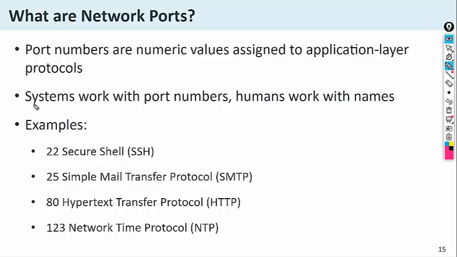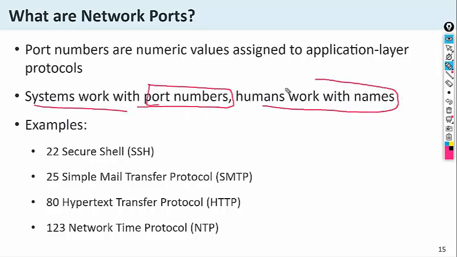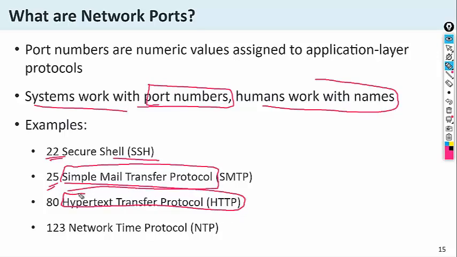So the system works with port numbers and humans work with names. Here are some examples: SSH uses port number 22, SMTP, Simple Mail Transfer Protocol, uses port number 25, HTTP, Hypertext Transfer Protocol, uses port number 80, and the Network Time Protocol uses port number 123.